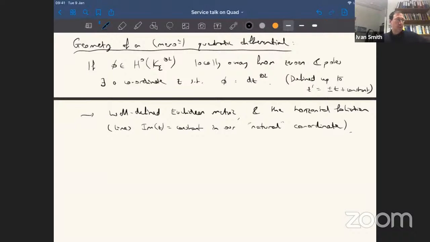So locally on our surface, we have this natural foliation by these lines where the imaginary part of z is constant.